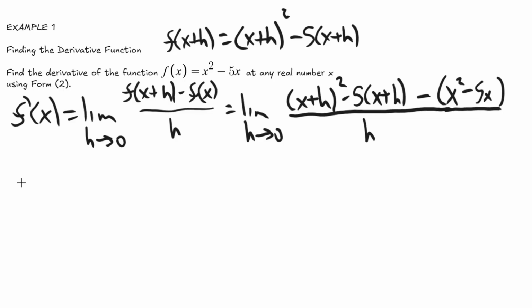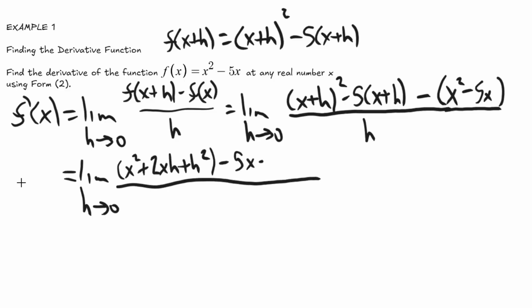The next thing we want to do is FOIL out, distribute, and simplify a little bit. So what I did was I FOILed the x plus h squared, distributed the negative 5 to the x plus h, and distributed the negative to the quantity x squared minus 5x. And at this step, we can notice that some things cancel.